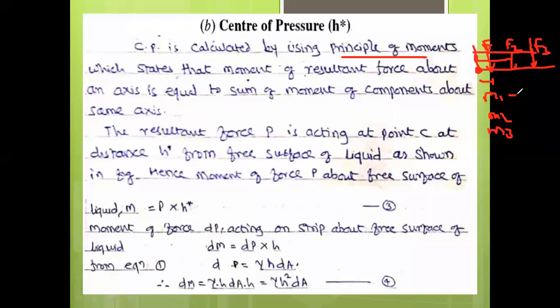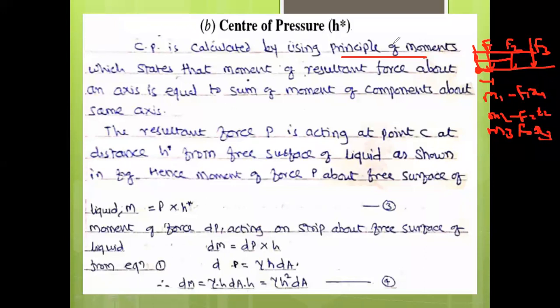M1 can be written as F1 multiplied by X1, where X1 is the distance between these two. Then F2 X2, and F3 X3. In this way we can find the moment.